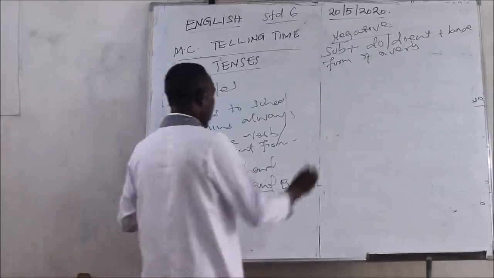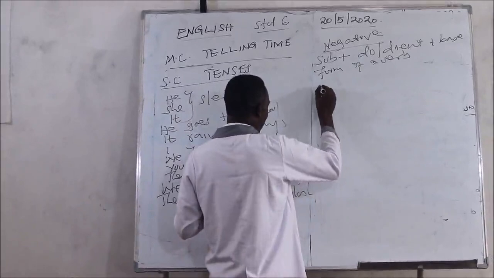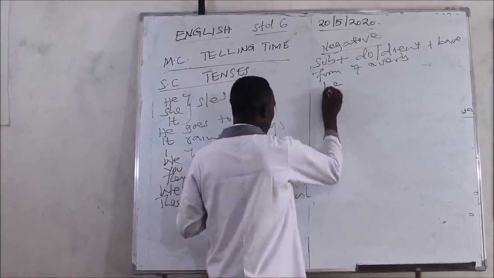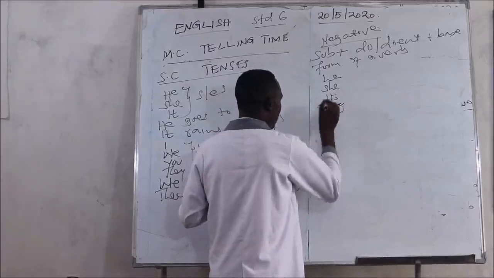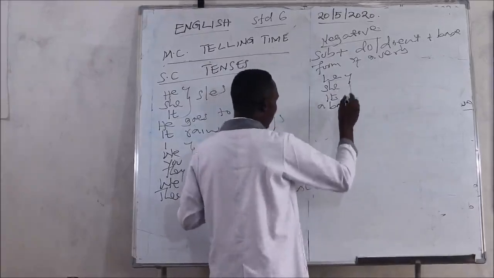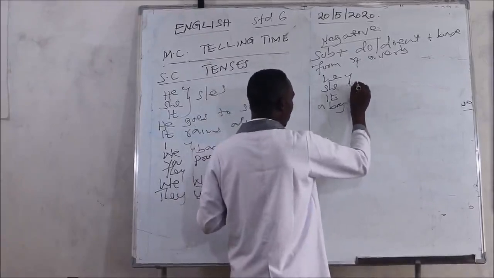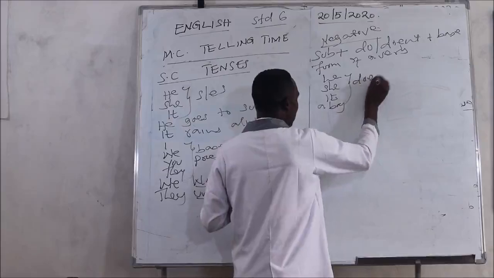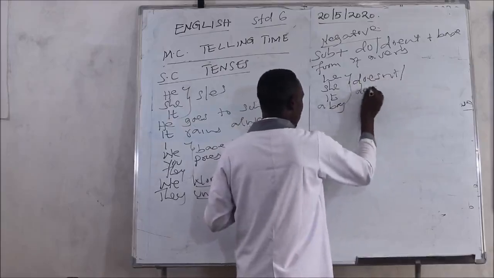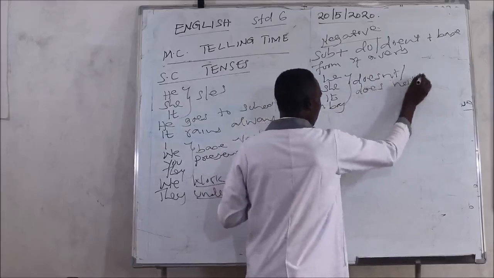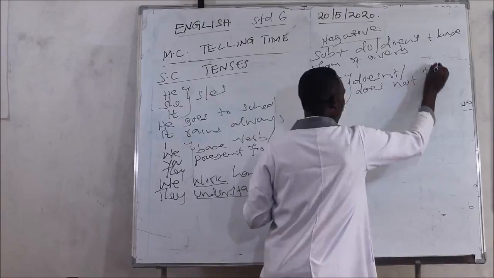For example, when we talk about subjects such as he, she, it, a boy, the verb we are going to use here should be doesn't, or in long form we can say does not. Then plus verb.